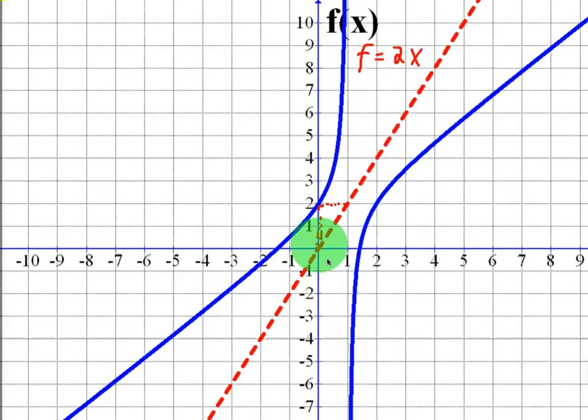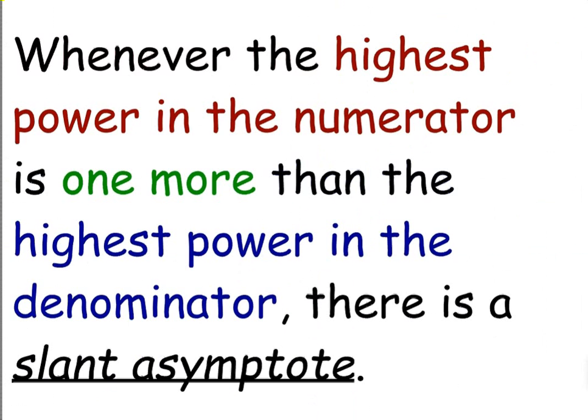Okay, next slide is really important, and basically it's going to tell us when it has a slant asymptote. Not all formulas have slant asymptotes. Not all rational functions have slants, only certain ones. This has to be true in order for it to have a slant asymptote.